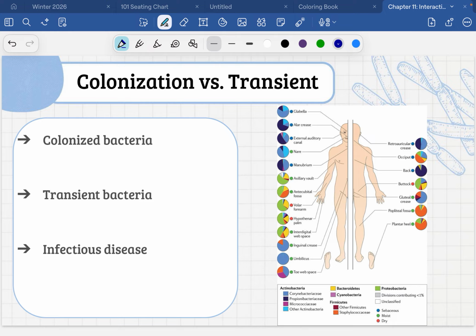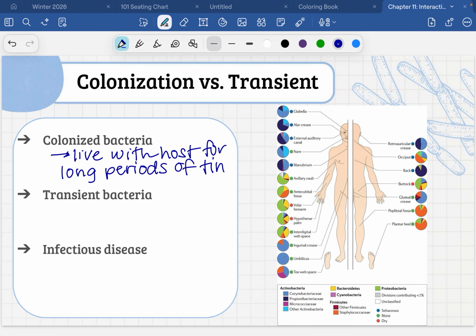Colonized bacteria are bacteria or microorganisms that live with their host for long periods of time. We use that term to mean bacteria or other microorganisms that stick around and live in or on your human body for many, many months or years.